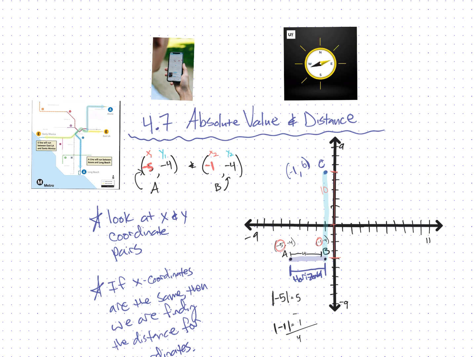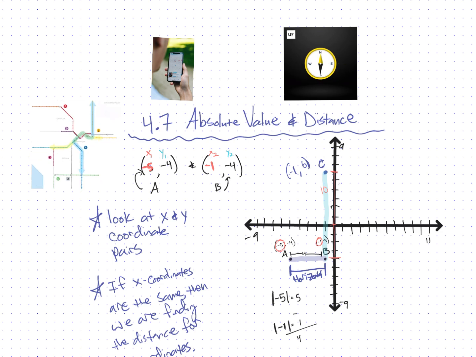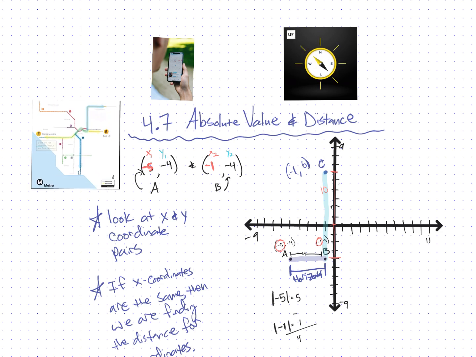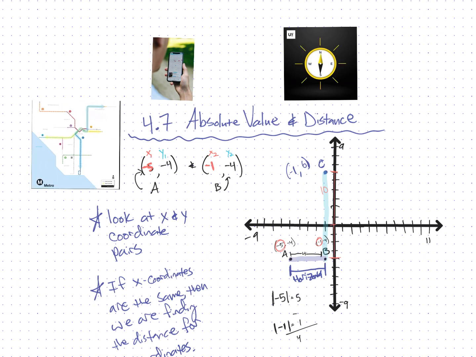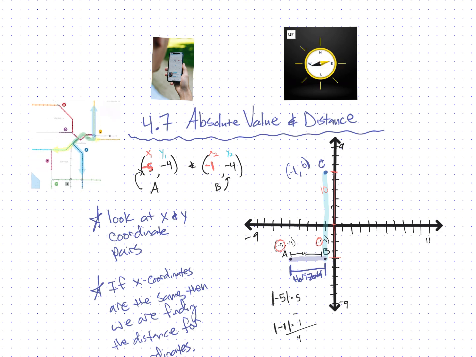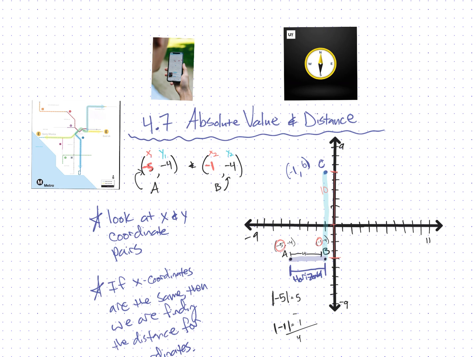This is how we measure distance from point A to point B. If we're going to multiple places, we use this on a daily basis. Even going from one class to the other, if you calculated different routes on how many feet it would take you to go from one class to the other, you may not instinctively be thinking like this, but you are doing this in a sense.